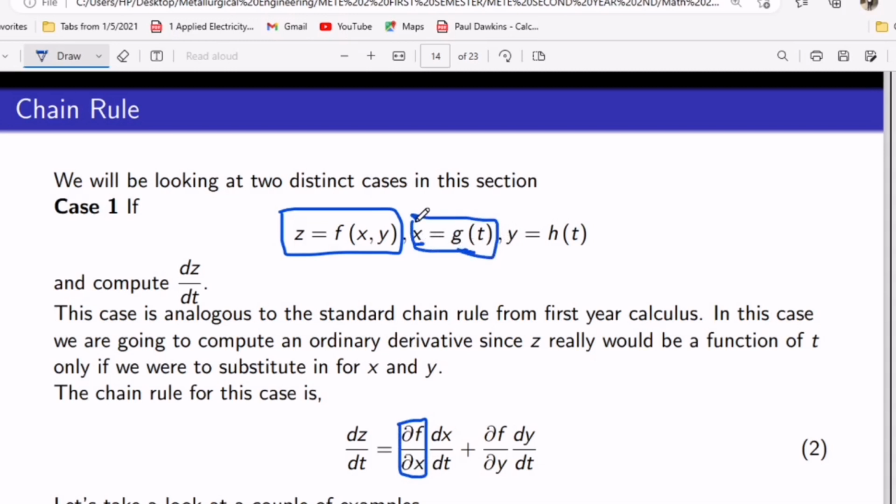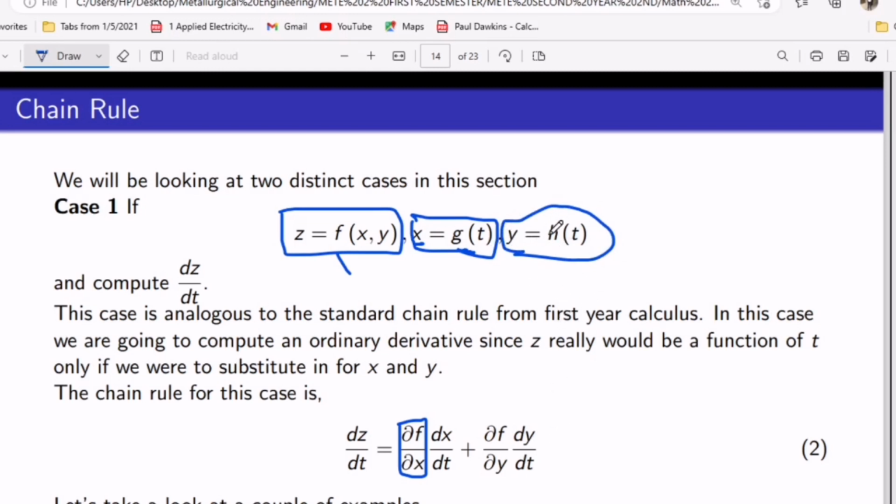This one we're not going to do partial differentiation, because it's a function of t only. So you differentiate x with respect to t, dx over dt. Then plus, you take the same function z and partially differentiate it with respect to y, times you take the function y and differentiate it.